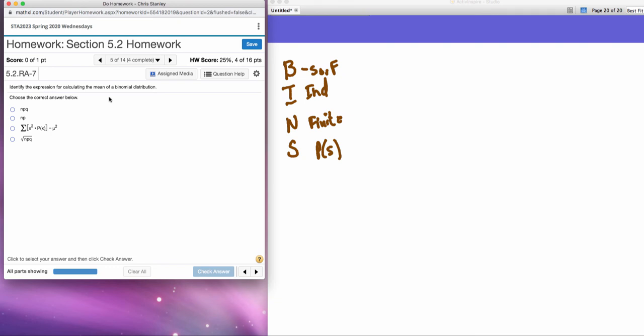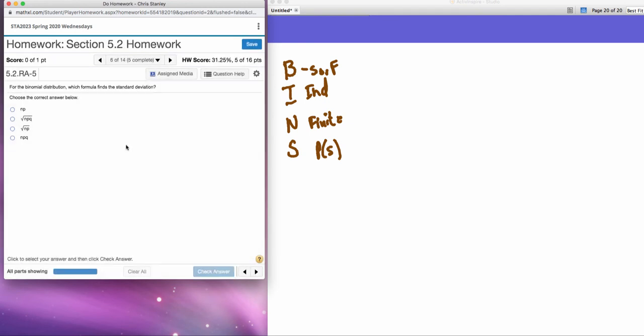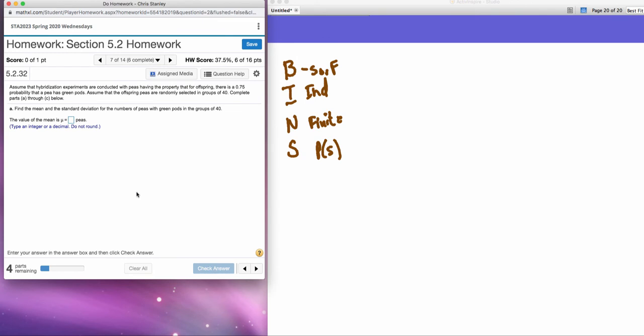Okay. Calculating the mean, we did this in class. That's the formula for mean. That's the formula for standard deviation. So when it says find the mean on a binomial, I'm looking for the n and the p.